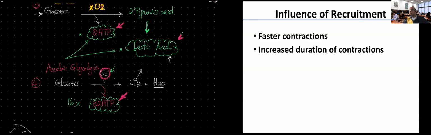So think of it this way. I have a cart and one horse to pull this cart. I have a similar cart, and I have 10 horses pulling the cart. This is cart number 1, this is cart number 2.